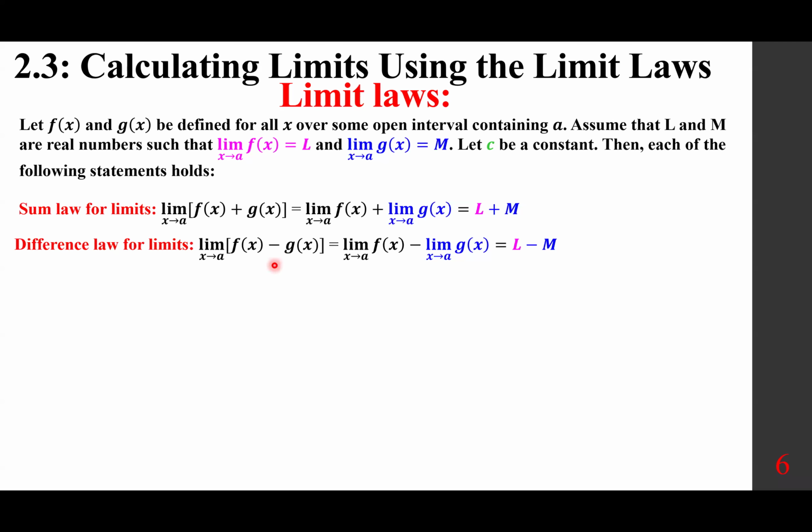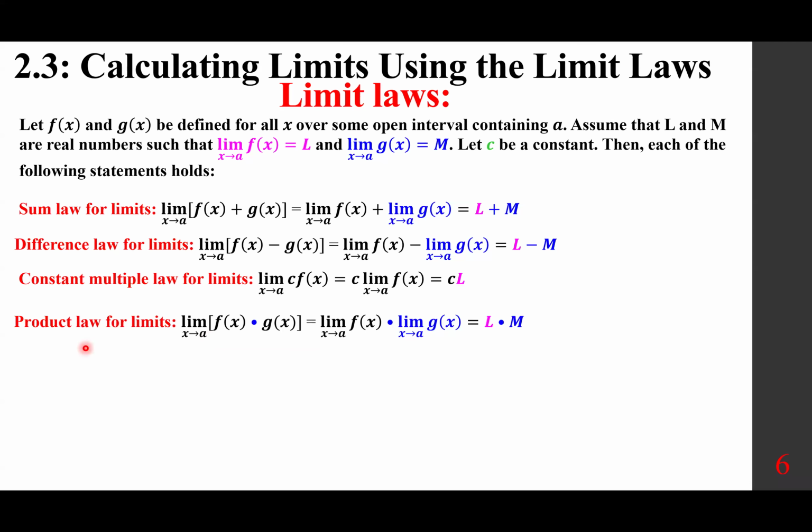The limit of the difference is the difference of limits, L minus M. Constant multiple law. If you are finding the limit of c times f of x, you can take the c out, c times L. In other words, the limit of a constant times f of x as x approaches a is the same as multiplication of a constant by the limit of f of x as x approaches a.